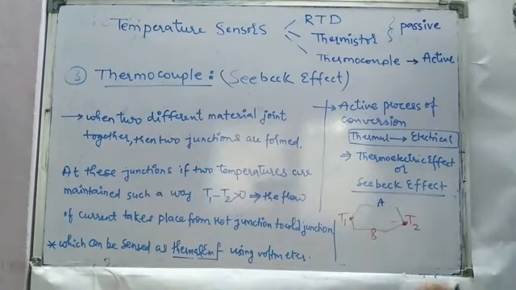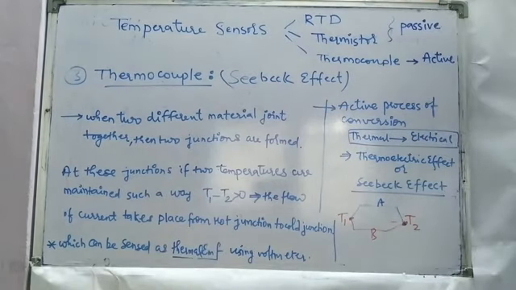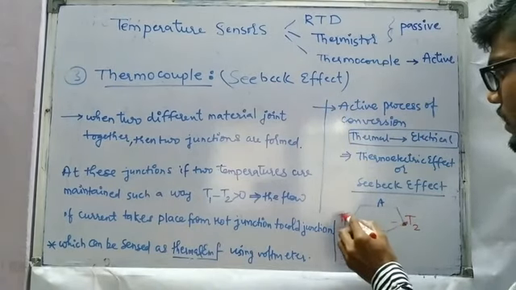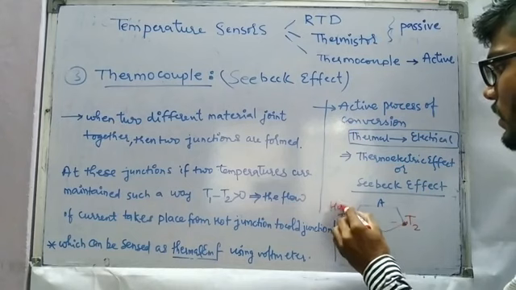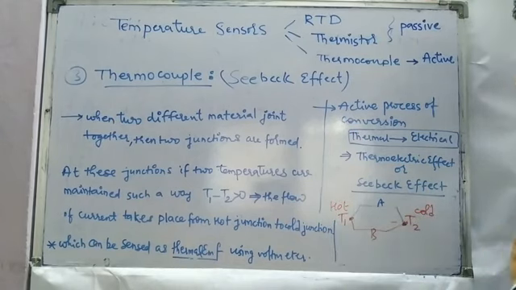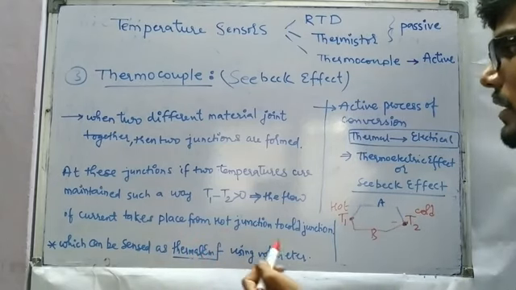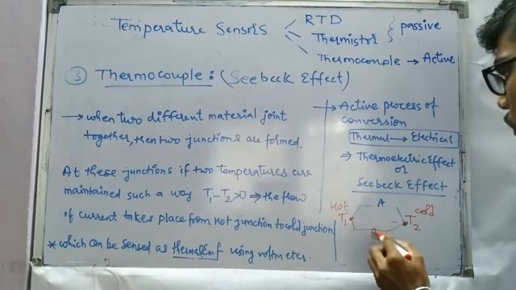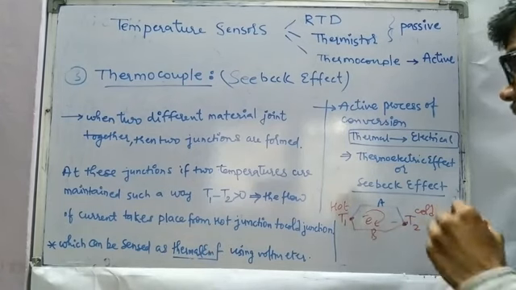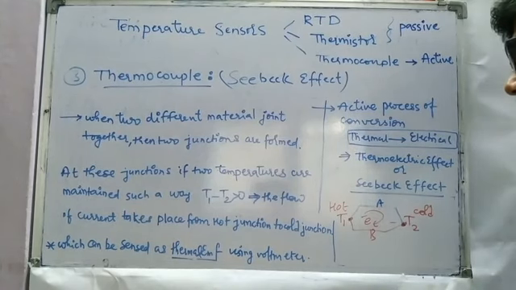So they are not going to be exactly the same. So the flow of current takes place from hot junction to cold junction. So I am assuming this as the hot junction, and this as the cold junction. So T1 minus T2 is greater than 0. So current flows from hot junction to cold junction, which can be sensed as thermal EMF using a voltmeter.